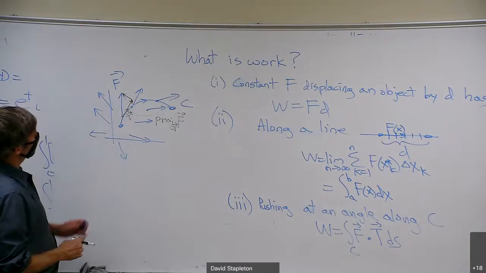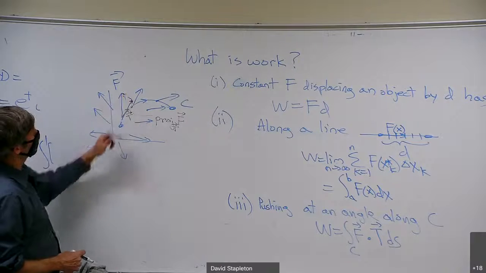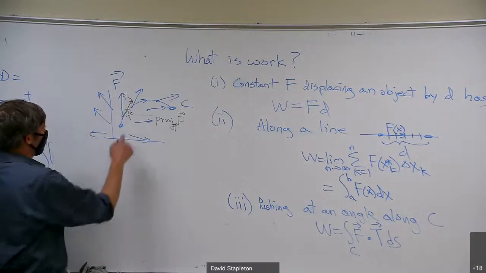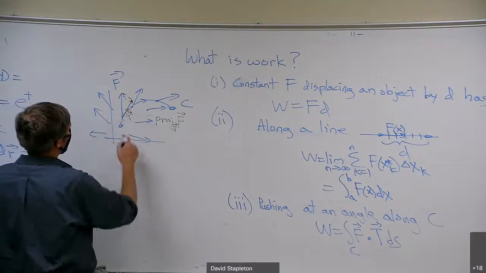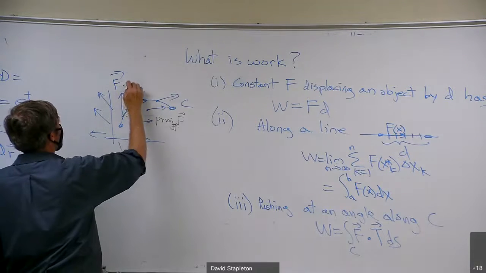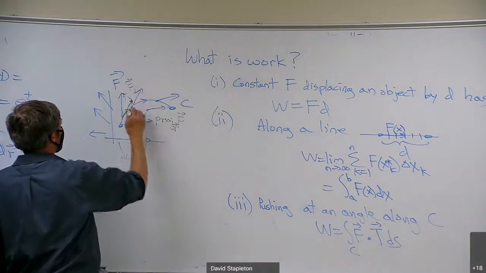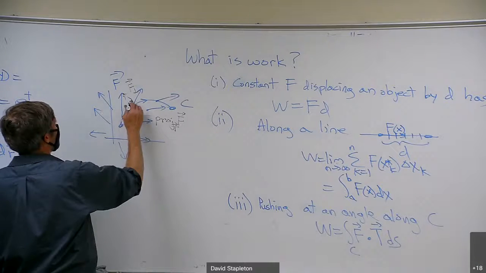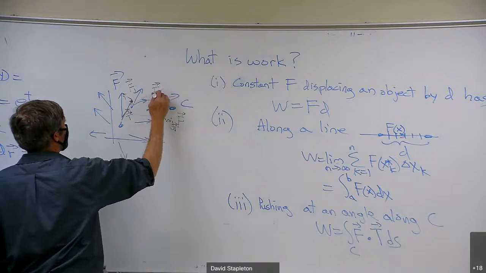And what you want to do is integrate that. You don't count the perpendicular component. Sometimes I call these F parallel and F perp for the two vector components. This one is the component of F perpendicular, and this one is the component of F parallel to the path.